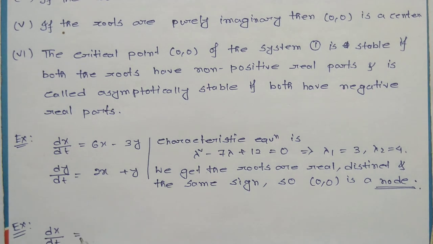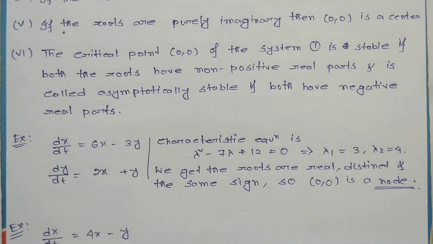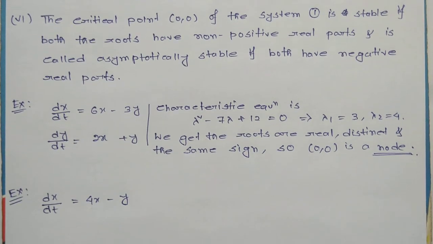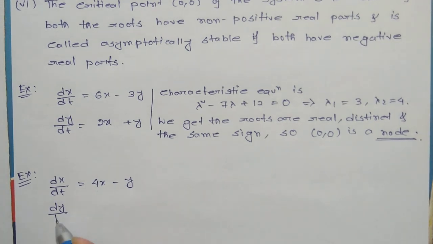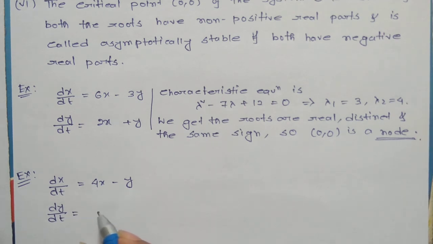Now take another example. dx/dt equals 4x minus y and dy/dt equals x plus 2y.